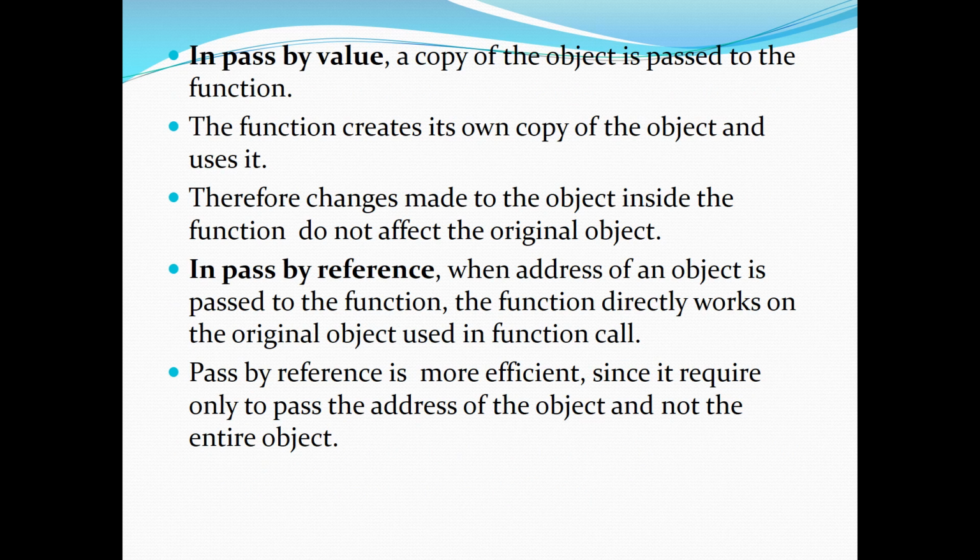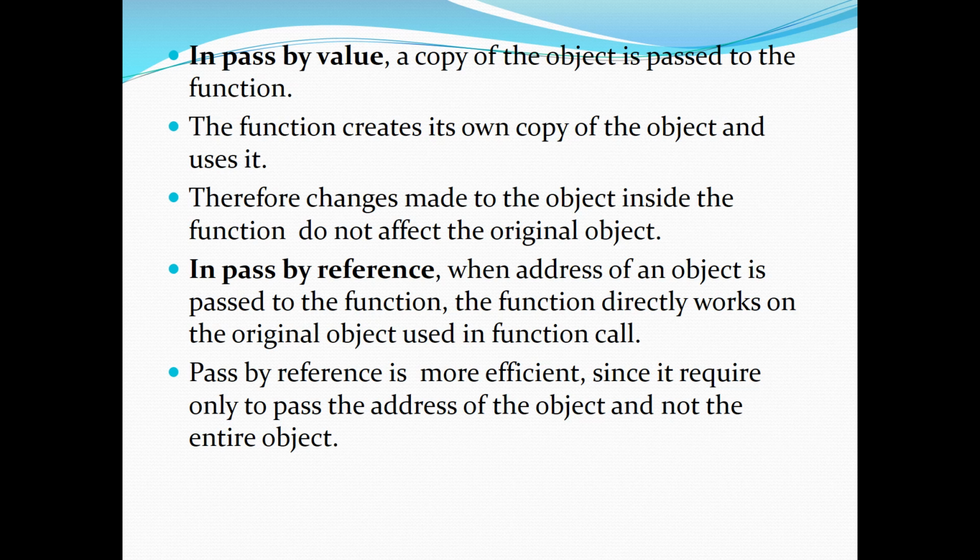In pass by value, once a copy of an object is passed to a function, the function itself creates its own copy of the object and uses it. Therefore, changes made to an object inside the function do not affect the original object.